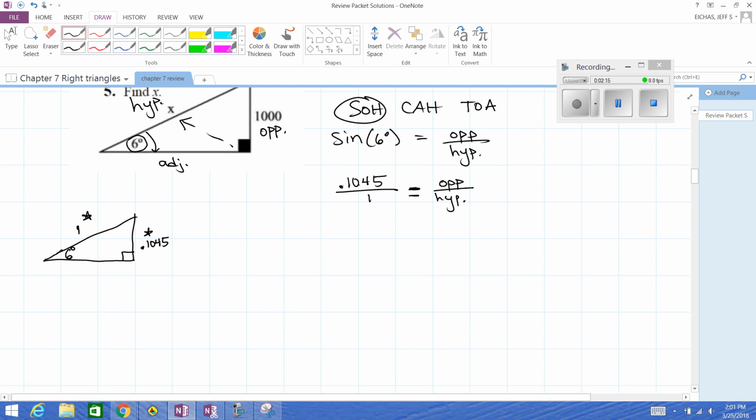It's 0.1045 to 1 is the same as 1,000 to x. Okay, so that's what's going to happen here. Whoops, I should have replaced that with, sorry, 1,000 to x. Okay, so now we treat it just like last chapter. It's nothing different. It's the same concept as last chapter.